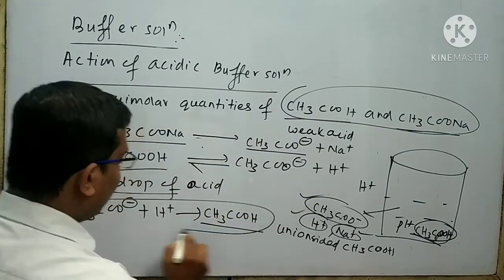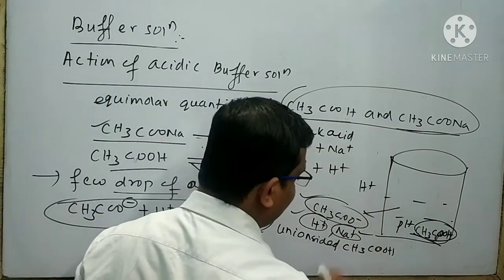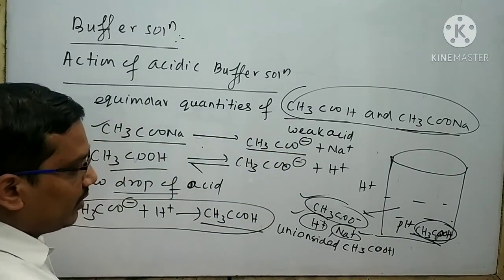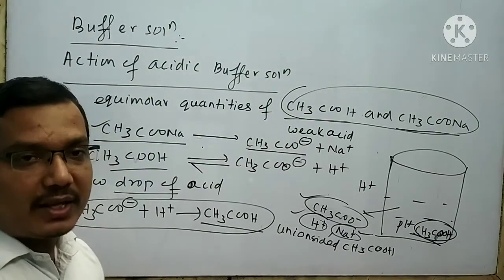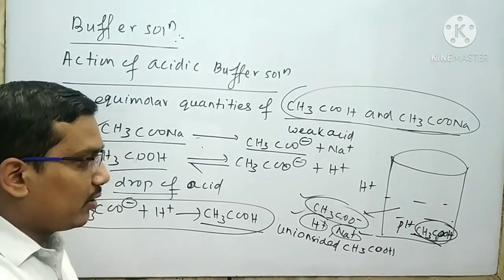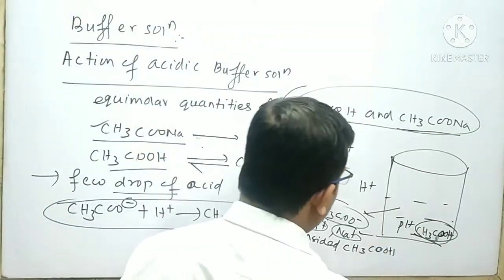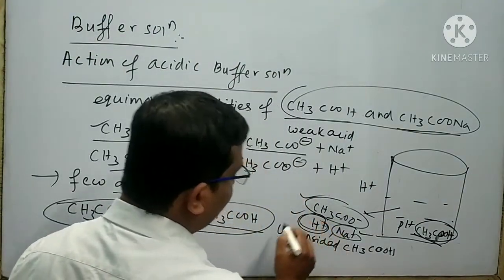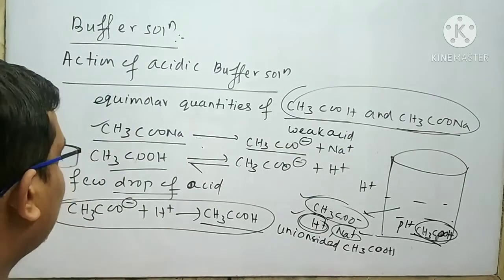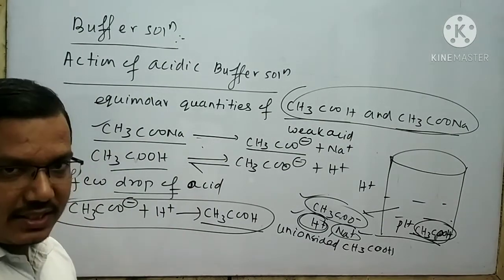This reaction will happen in this beaker. As a result, the added H plus ion will not affect the pH value. The pH of this buffer solution depends on the H plus ion which is already present before the addition of a few drops of acid.